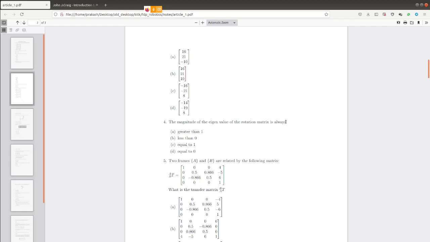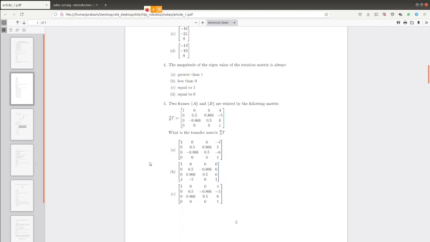It will just rotate. If it's not going to change the length of the vector which we operate on, can anyone say what the eigenvalue will be? Exactly, the eigenvalue is 1.